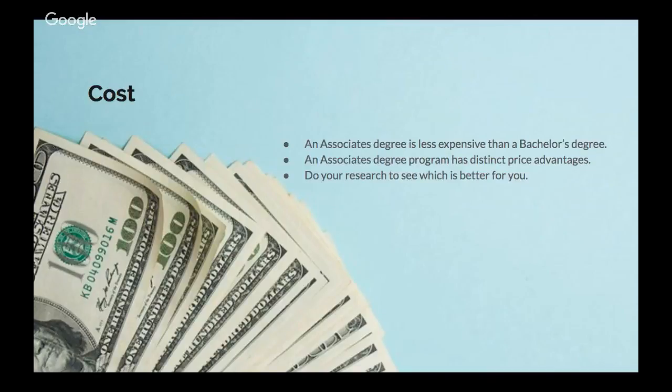The per-credit cost of an associate's degree is higher at a four-year institution than it is at a community college. Associate degree programs in graphic design have distinct price advantages. Without the need of an expensive four-year school, it can cost much less to get an education.